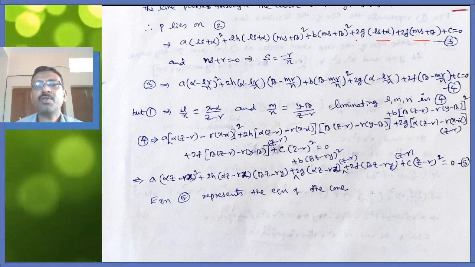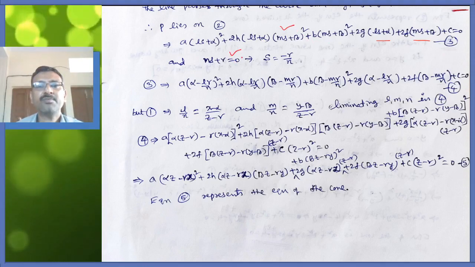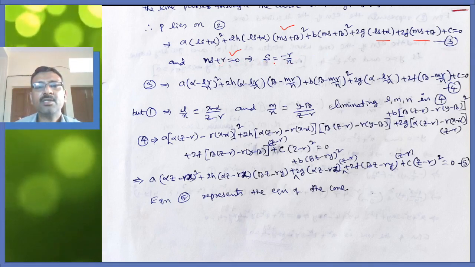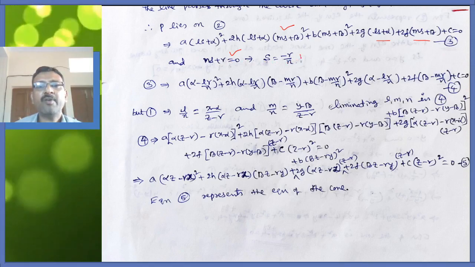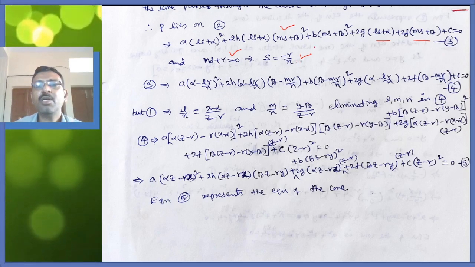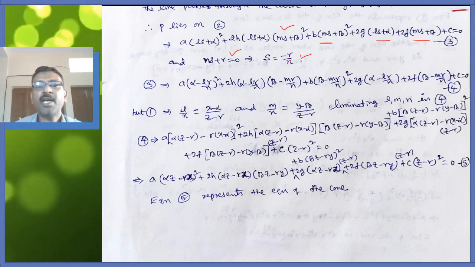So, these two equations: this is the first equation, this is the second equation. Simplifying the second equation, I get s equal to minus gamma by n. Now I substitute the s value in equation 3, so I replace s by minus gamma by n.